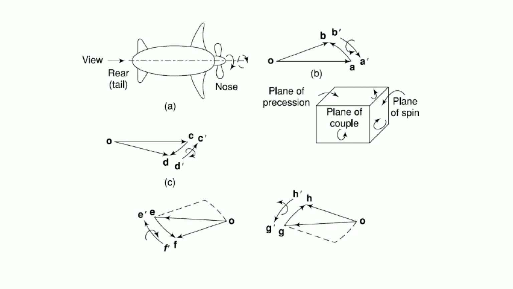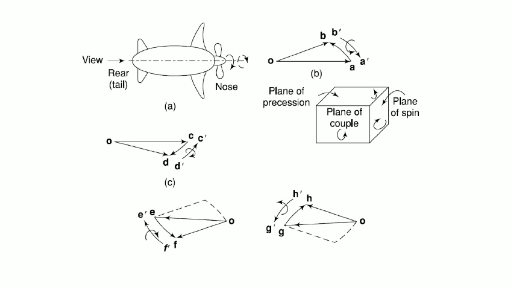OA is the angular velocity of the rotor. Now when our aeroplane is taking a left turn, OB is the angular velocity of the rotor when it is taking a left turn. So AB is the active gyroscopic couple and B dash A dash is the reactive gyroscopic couple.